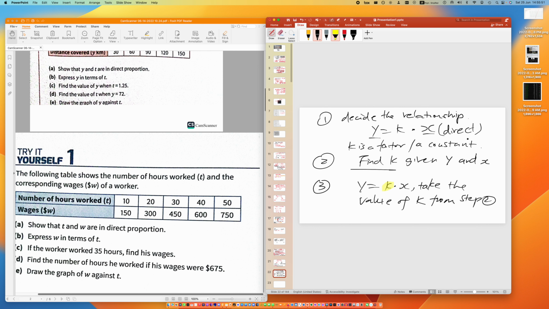W equals to K T. Write it down. Read the statement. Take the value of k from step 2. So take the value of k from your step 2. So what do you end up with? W equals 15T. Correct. Now answer the rest of the question C, D, E.